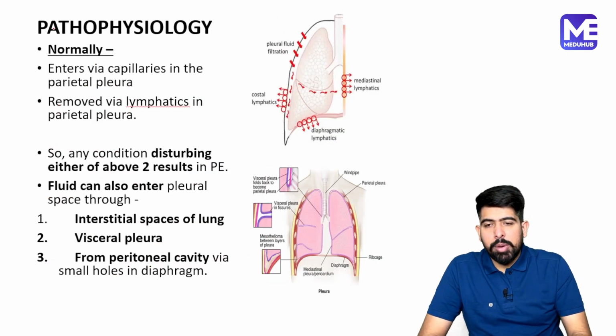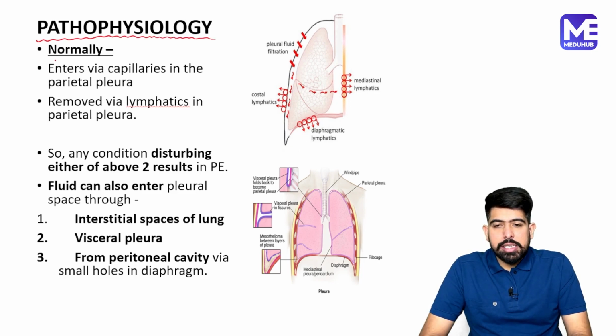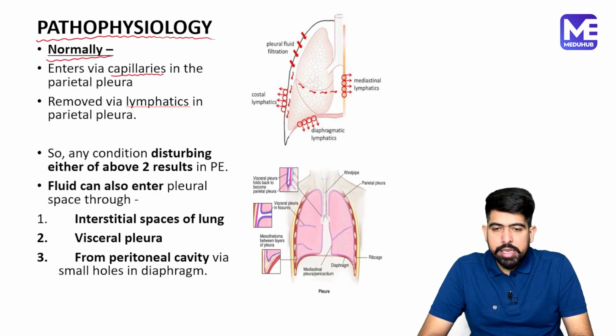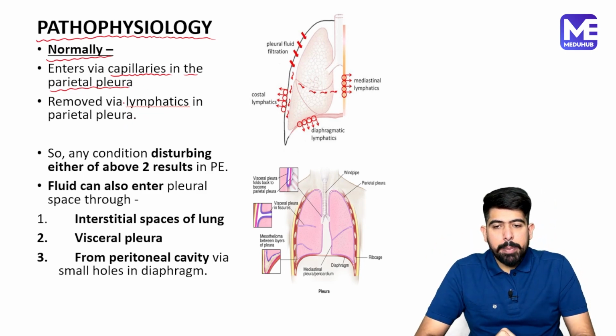Now we are going to the pathophysiology of this. In the pathophysiology, normally what is happening? The normal pleural fluid is entering the pleural space via the capillaries, right?